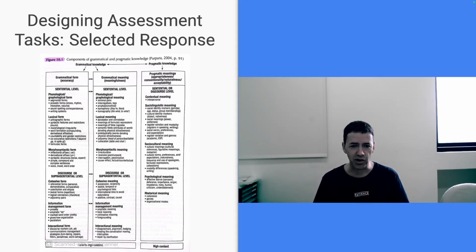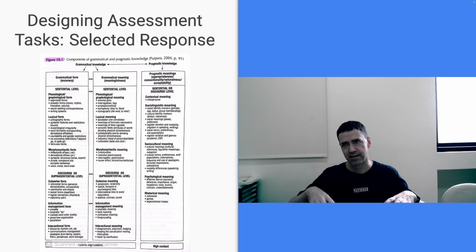Okay, so look at all the different choices. We've got at the sentence or discourse level, contextual meaning, interpersonal, social linguistic meaning, social identity markers like gender, age, status, group membership, cultural identity markers, dialect, nativeness. Of course, in your junior high school classes, maybe you're not going to go this deep when you're testing grammar.